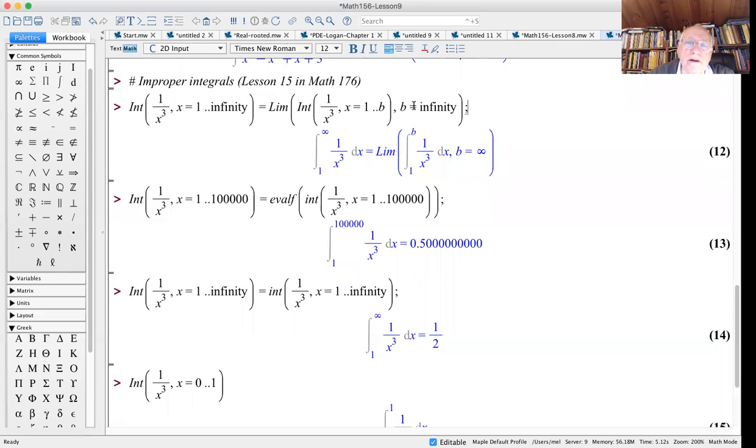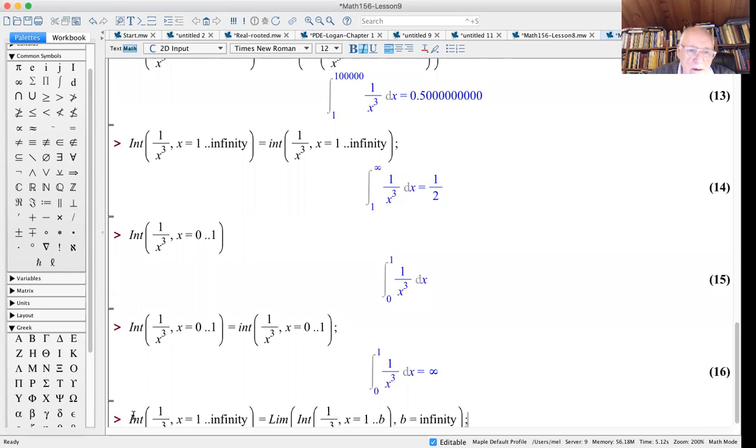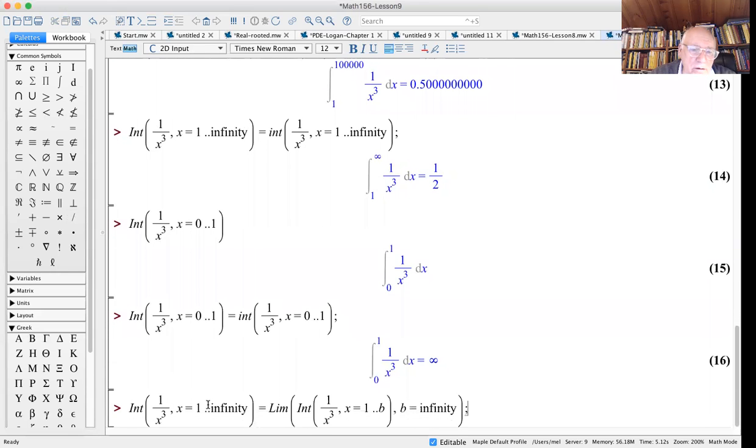How do you define the improper integral in your calculus class? So the integral from 0 to 1, this function is discontinuous at x equals 0.